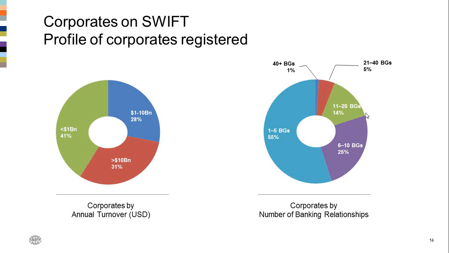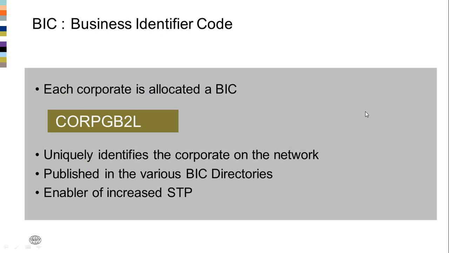Well, the corporates that join SWIFT are actually allocated their own business identifier code, or what is these days known as a BIC. Now, you may be familiar with BICs in the banking context. Not to single out any particular banks, but just by way of example, you may have seen a BIC like BARC GB22 for Barclays, or Citi US 33 for Citibank.